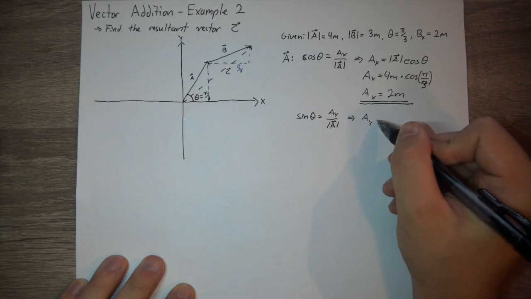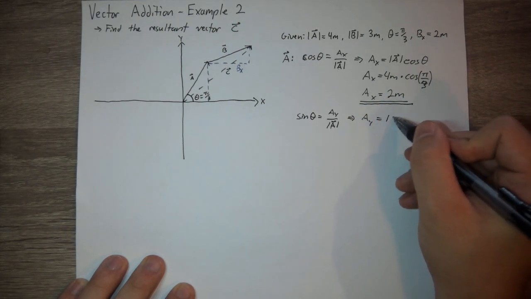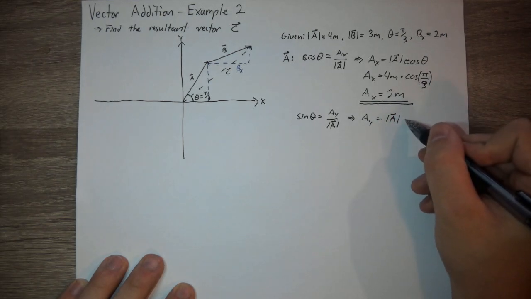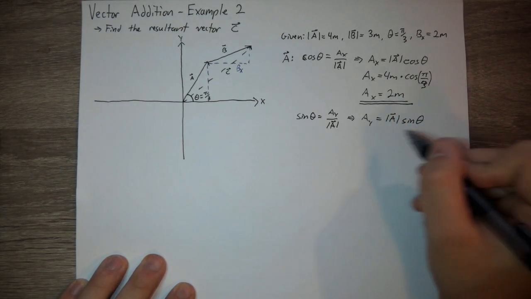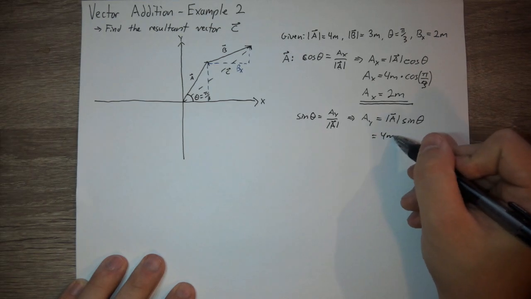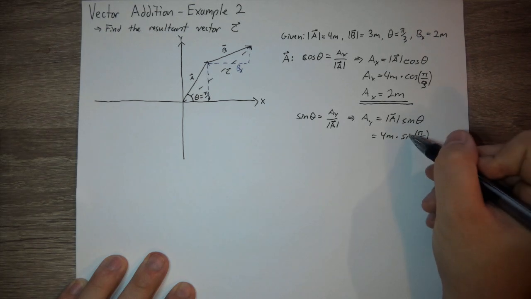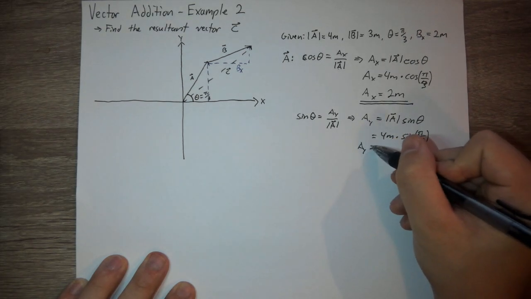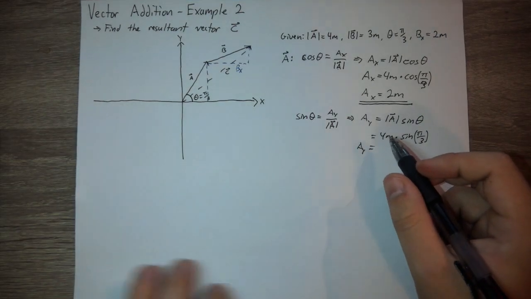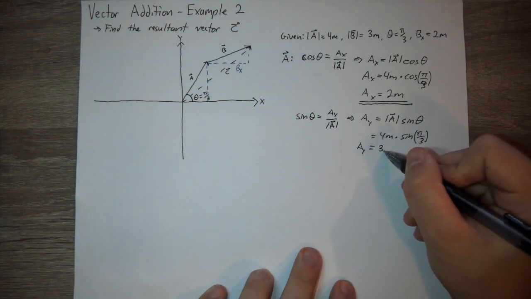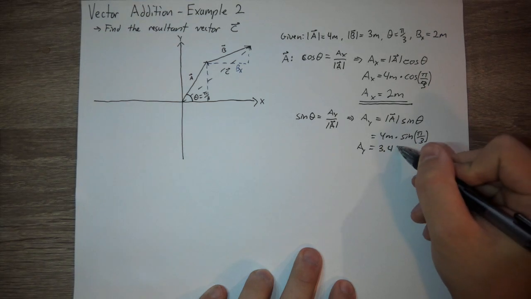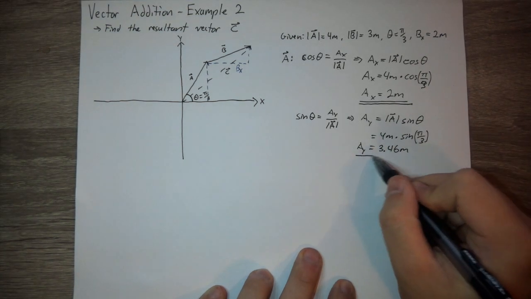And similarly to what we just did here, Ay equals the magnitude of A times sine theta. So 4 meters times sine of pi over 3. And that means Ay is, if you put it in your calculator, 3.46 meters.